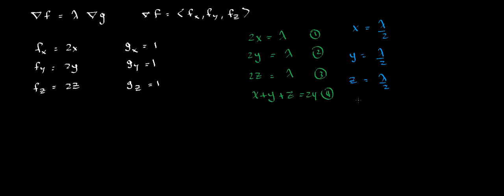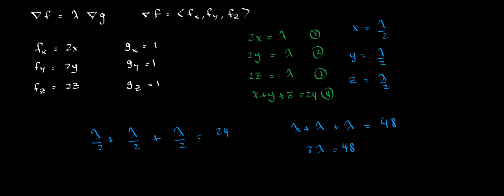So I can substitute the values of x, y, and z with lambda. So we get lambda over 2 plus lambda over 2 plus lambda over 2 is equal to 24. Multiplying the whole thing by 2, we get that lambda plus lambda plus lambda is equal to 48, which means that 3 lambda is equal to 48. Dividing by 3 on both sides, we get that lambda is equal to 16.